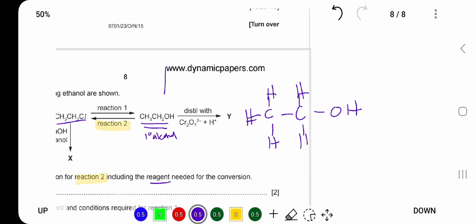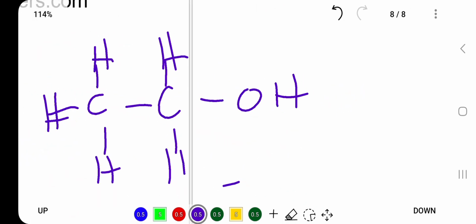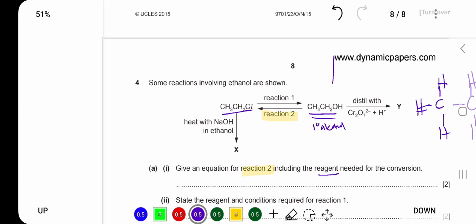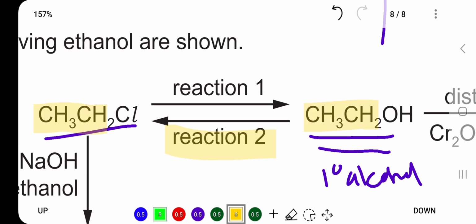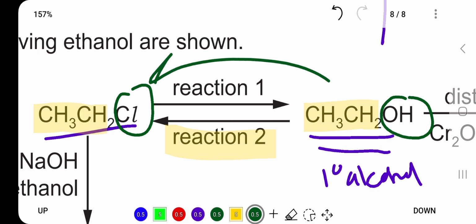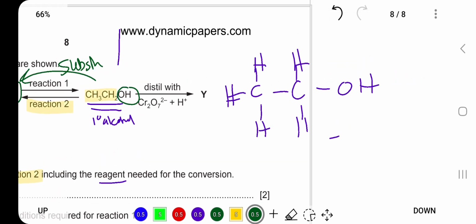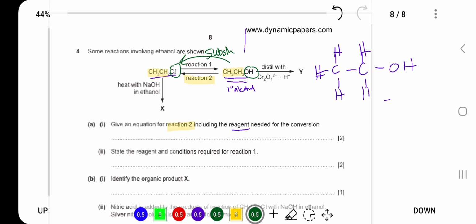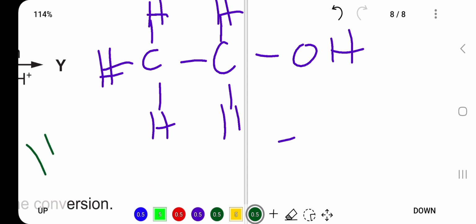So here you have an alcohol and you're gonna change it into CH3CH2Cl. If you notice, it is the exact same thing, but there's a change from the OH to Cl, so this is in fact a substitution. Nothing's added, just substituting. So you need to think of a reagent that will be able to do this, and we use HCl.